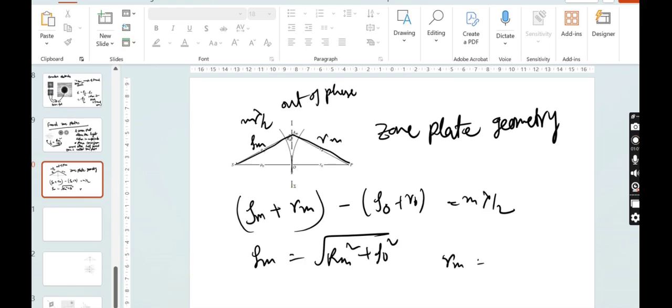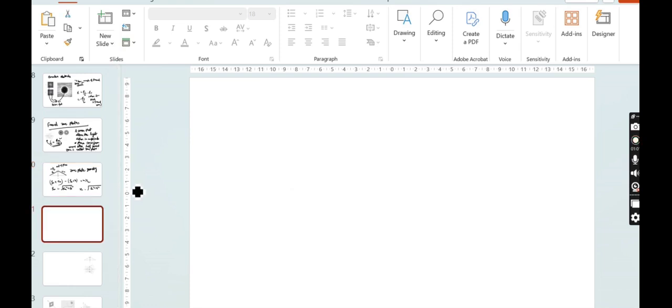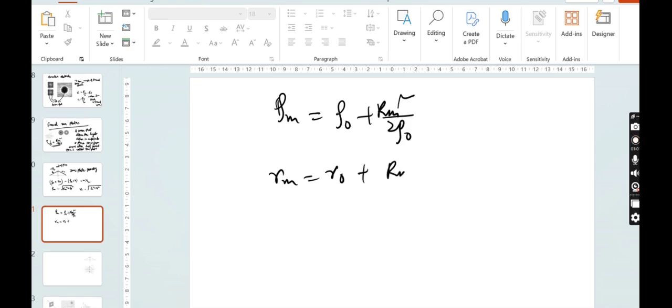Similarly, Rm is root over Rn square plus R naught square. Using the binomial theorem, rho m becomes rho naught plus Rn square by 2 rho naught, and Rm becomes R naught plus Rn square by 2 R naught.